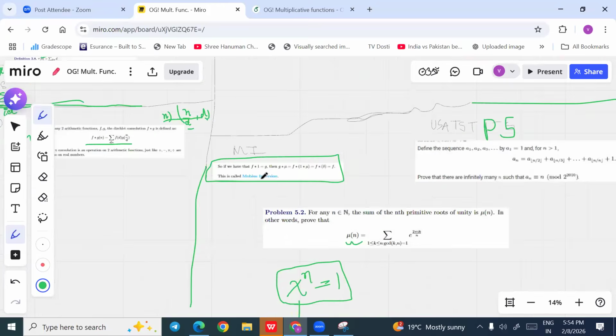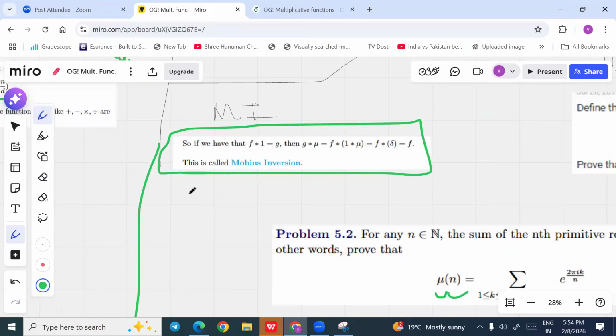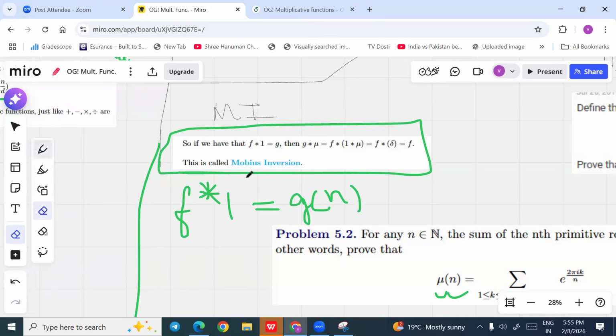So what is Mobius inversion? Basically, if we have a function f and we know the Dirichlet convolution of f with 1 is g of n, then how do you get f back from this? You first convolute both sides with mu, and then you use the fact that Dirichlet convolution is an associative operation.